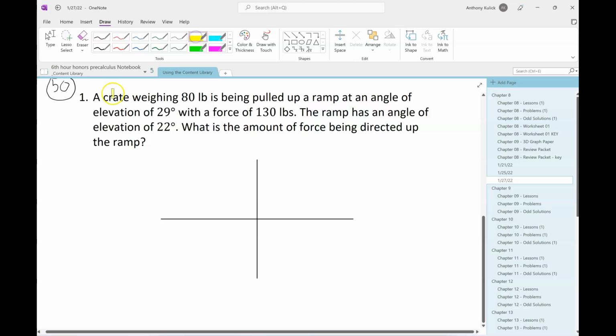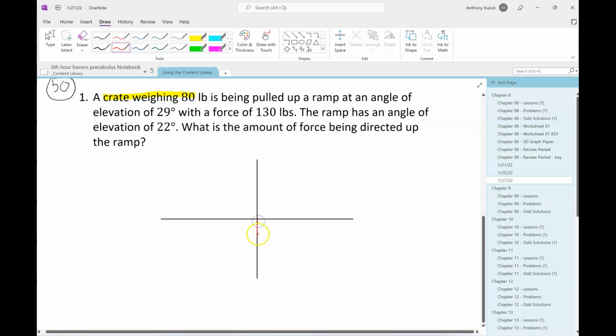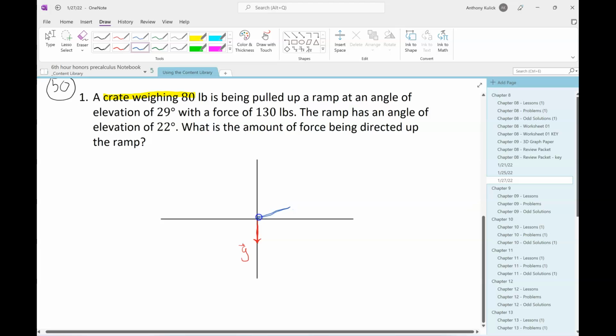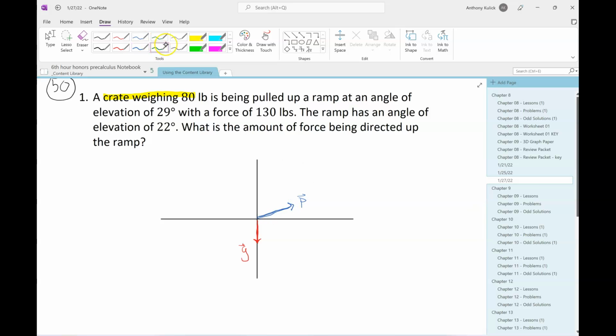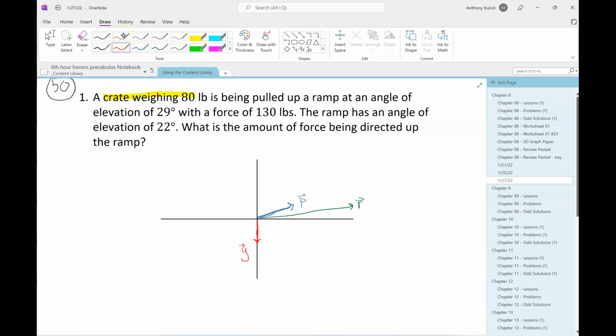So we have this vector with gravity acting on the crate. We have the force of the pull going on the crate. Then we have the ramp itself. So that's my picture.